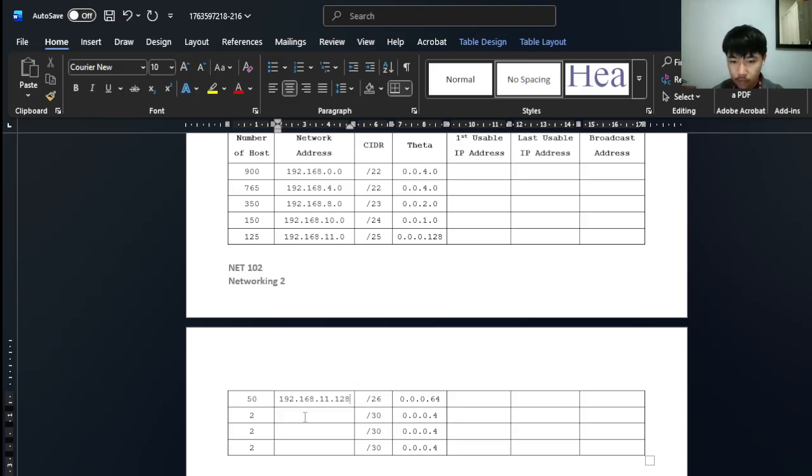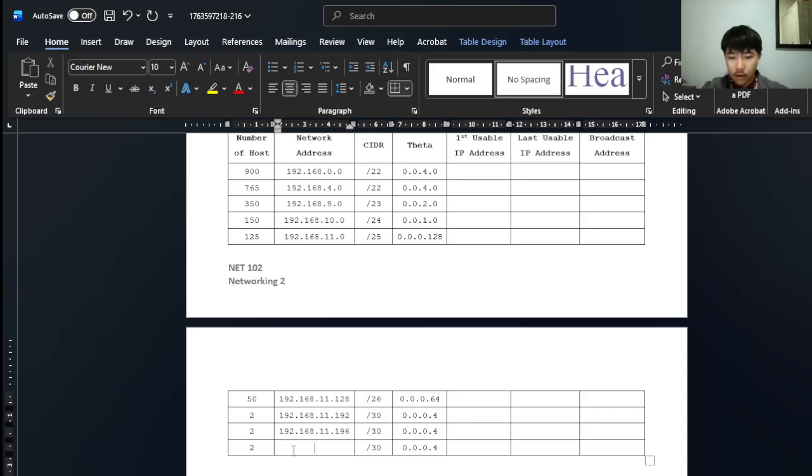The next one, let's add 64: 192.168.11.192.